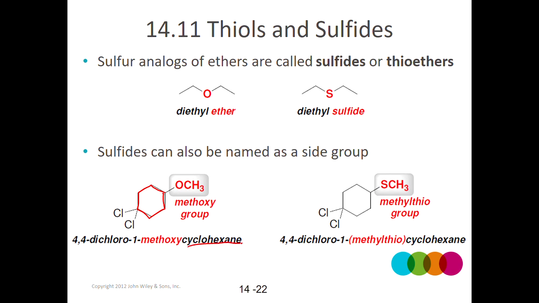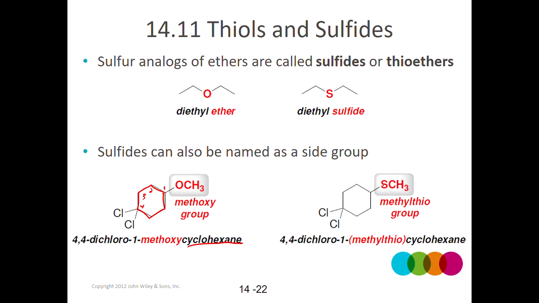So that's cyclohexane parent. On that parent, on carbon 1, you've got this methoxy, right? It's a methyl group, but the extra oxygen makes it a methoxy. And then on carbon 4, you've got 2 chlorines.